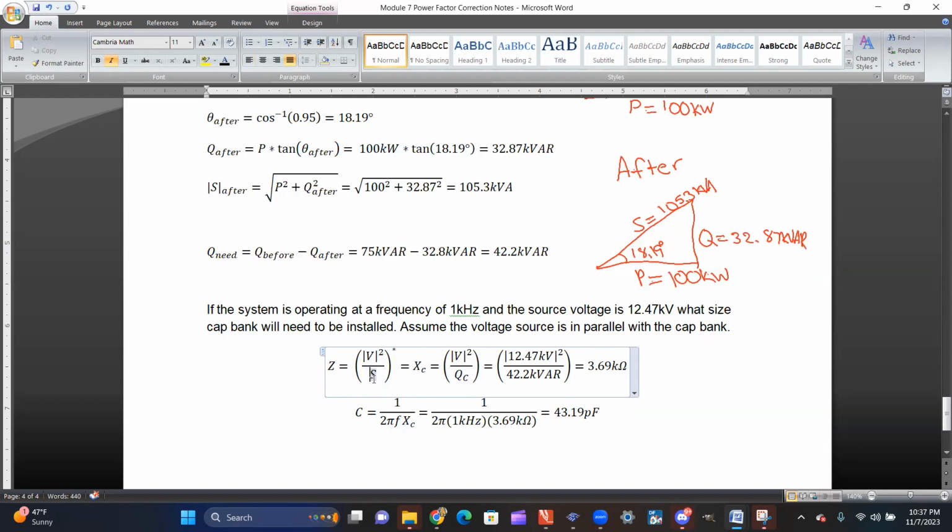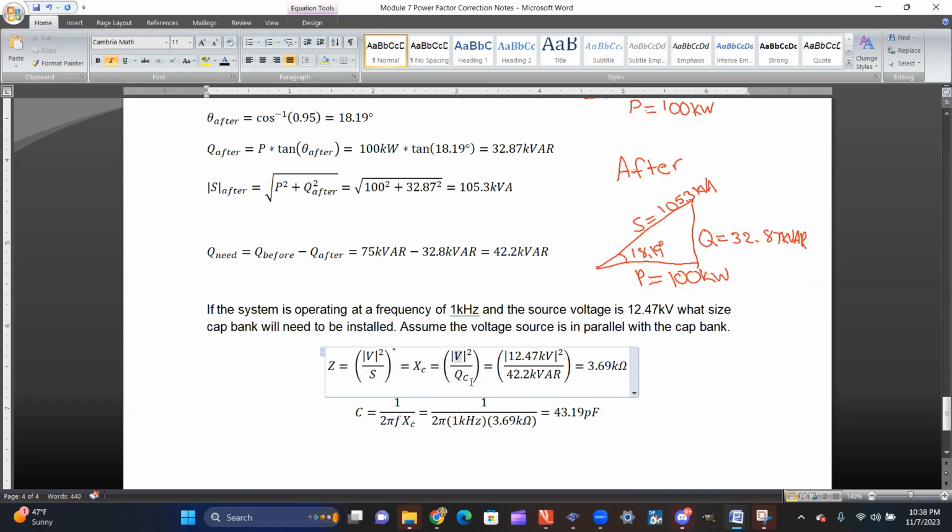We know we're not going to have any real power. All the power is going to be reactive, so we can substitute the complex power to just only a reactive power. So that's kind of how this derivation works.